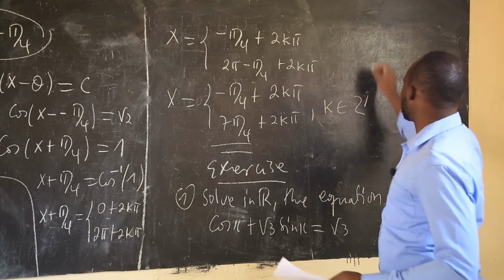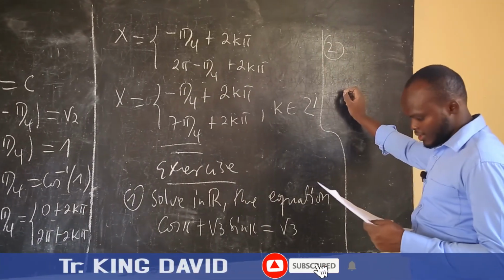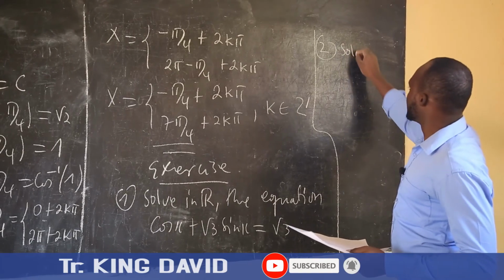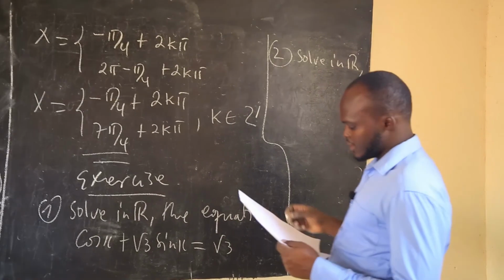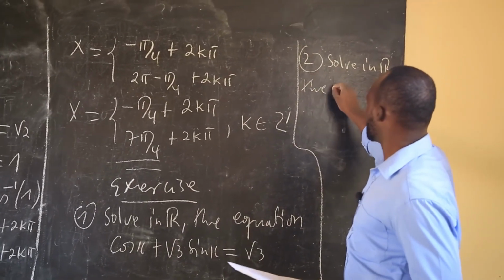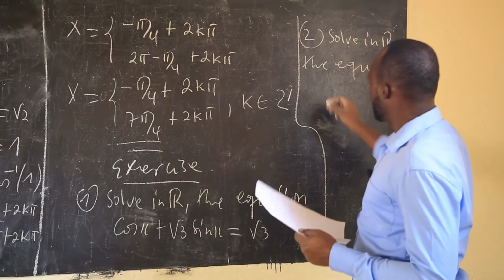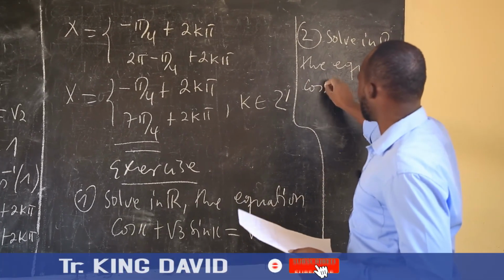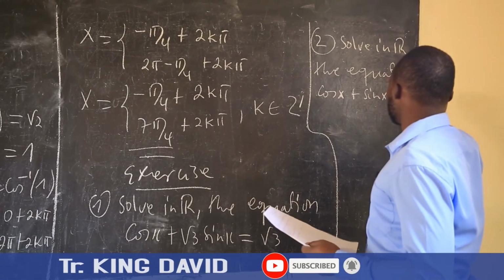That is number 1. Number 2: solve in R the equation cos x plus sin x equal to root 2.